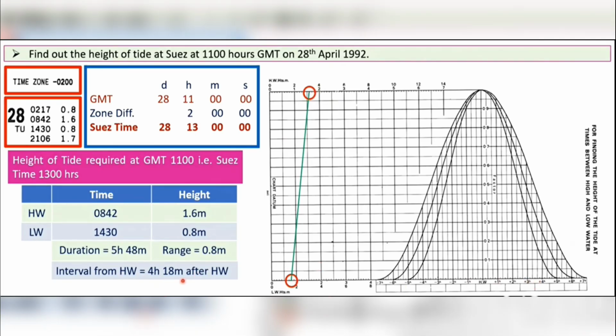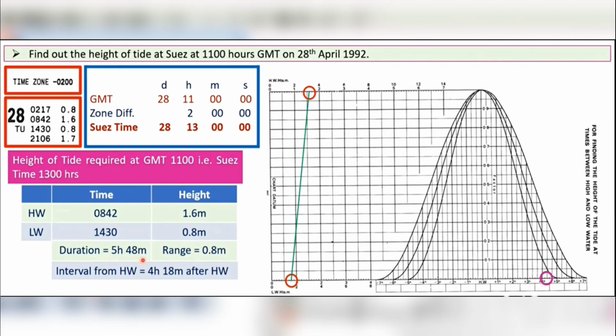Our interval is 4 hours 18 minutes after high water. We can see here that for each hour there are 3 divisions, so each division represents 20 minutes. Accordingly, we can reach where it represents 4 hours 18 minutes after high water, so it shall be to the right. And from there, we go vertically up to which curve? Our duration is 5 hours 48 minutes.